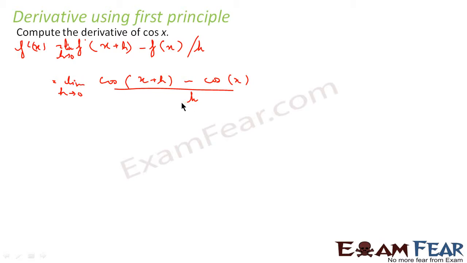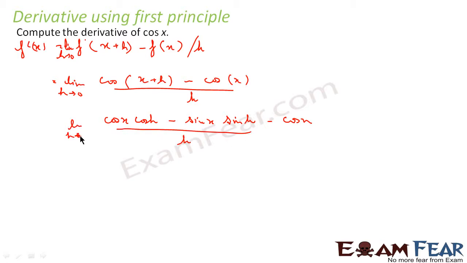Now we can break this using cos(a plus b), which is nothing but cos a cos b minus sin a sin b. So this becomes the limit as h tends to 0 of cos x cos h minus sin x sin h minus cos x by h. Correct?